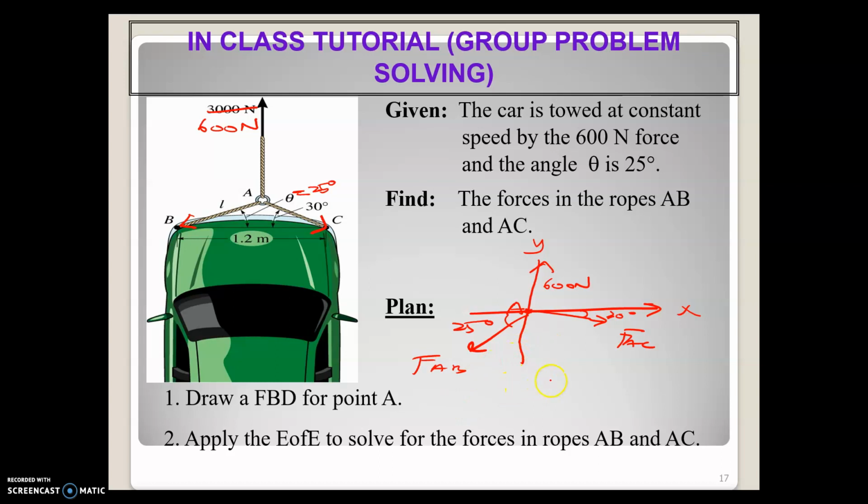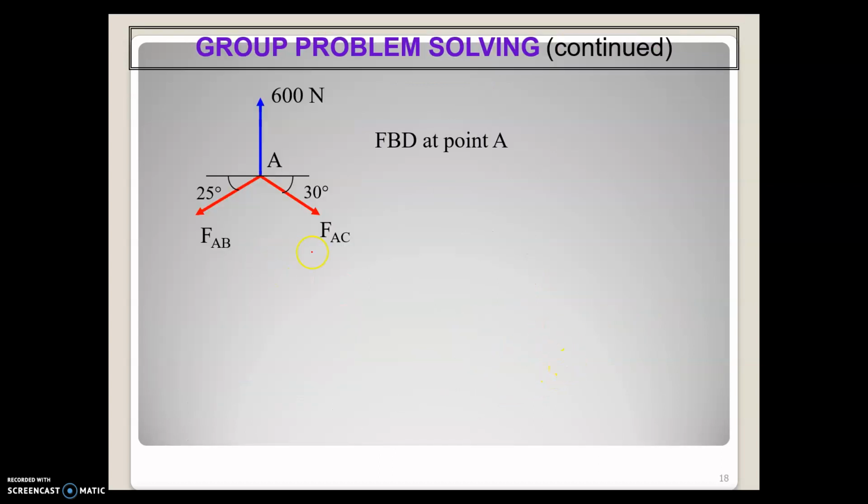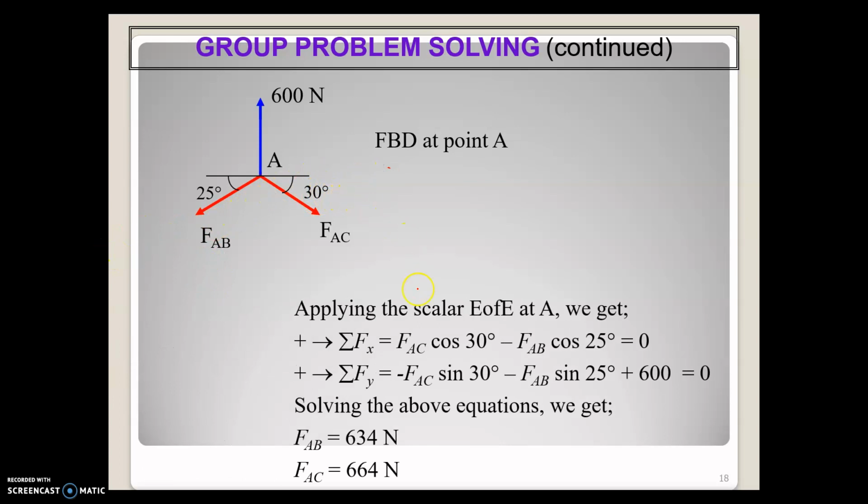Then, we apply the equation of equilibrium to solve the forces in the ropes AB and AC. This is the free body diagram at point A. Applying the scalar equations of equilibrium at A, we get the summation of Fx: FAC cos 30 minus, because the force AB is at the left side of the x-axis, FAB cos 25 equal to 0.